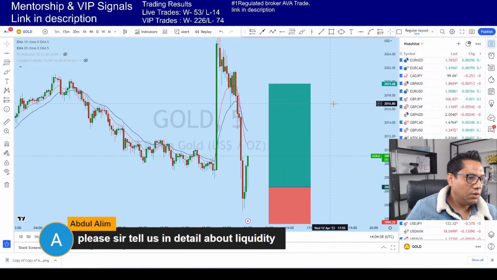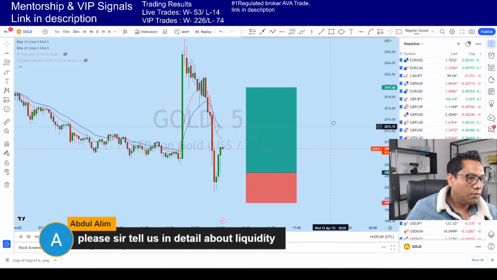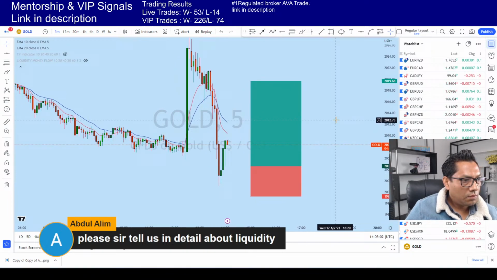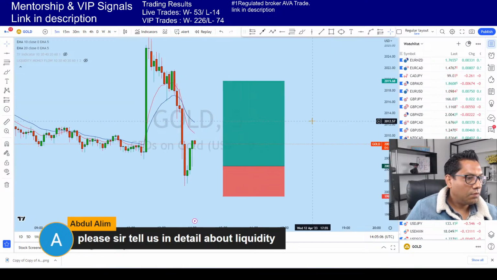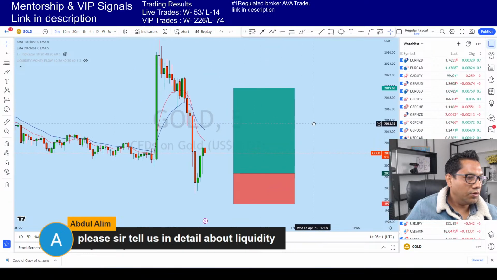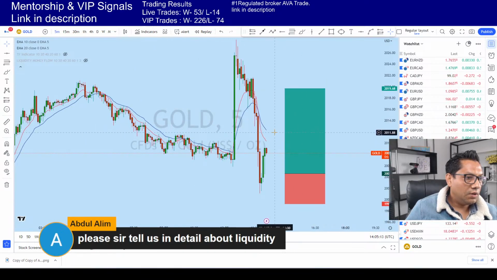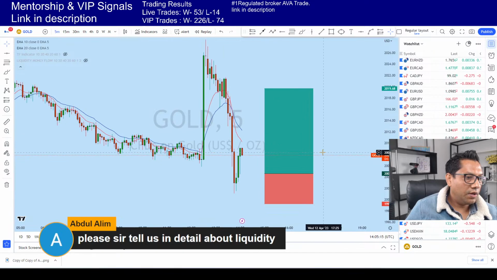Okay, that's good. We see the bullish move. And the only thing is that there's a 20 EMA on the 5 minutes that could give another spike.